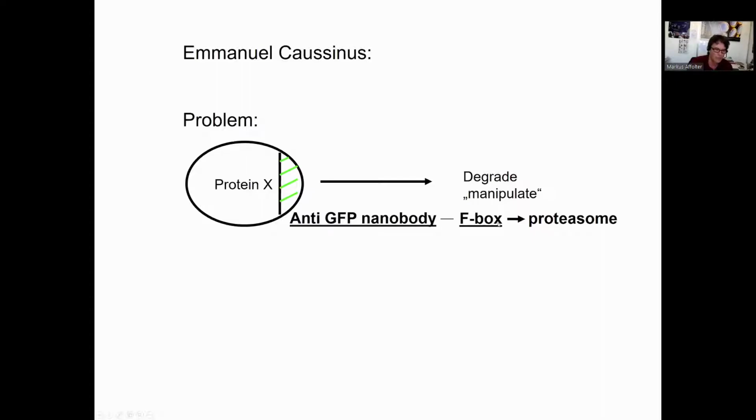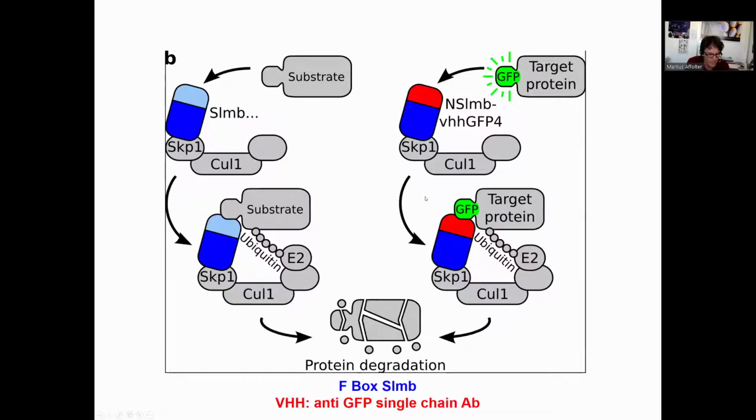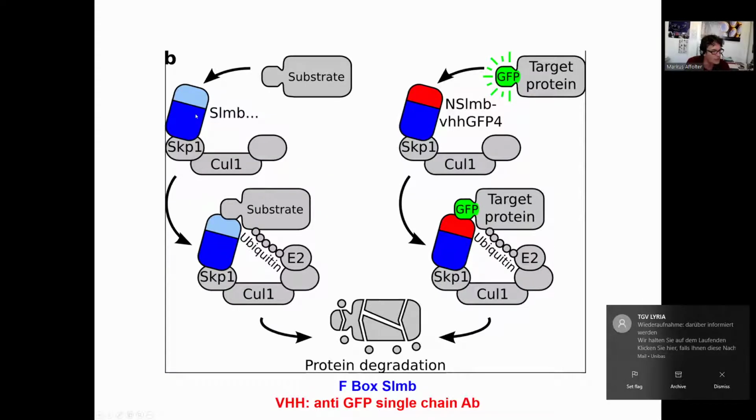That was his idea. F-boxes were known. They hadn't been used in flies for any manipulations. Nanobody was known. They hadn't been used by anybody in the fly field to do anything. So that was a brave idea. So he tested it. So this is the idea. Usually proteins bring substrates to the proteasome to degrade them.